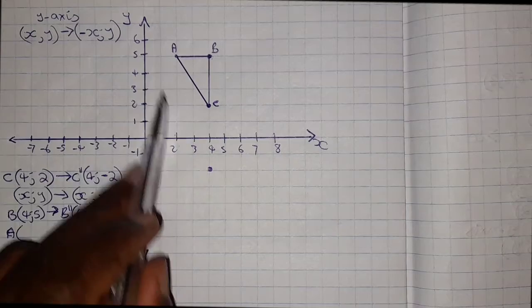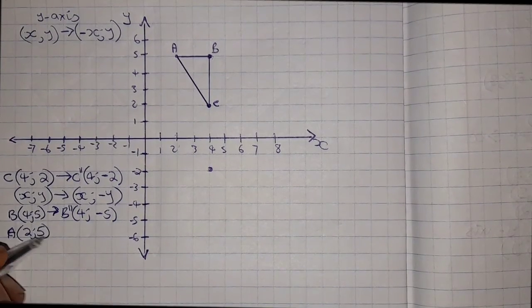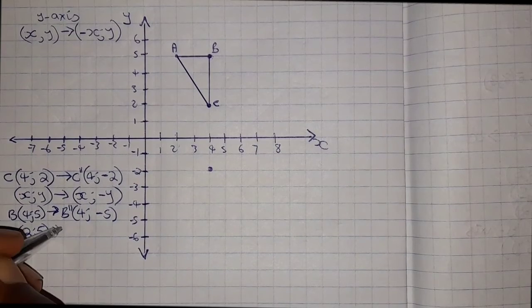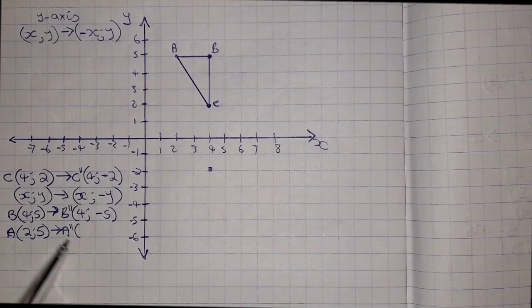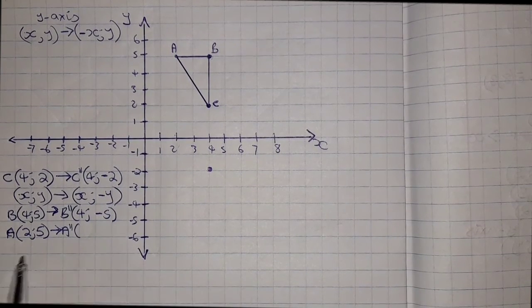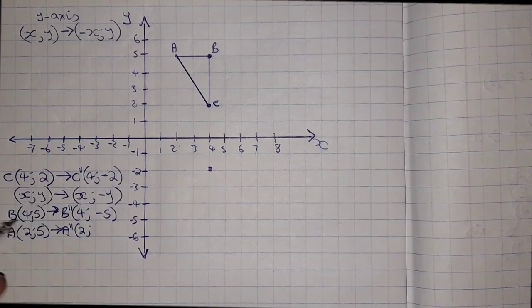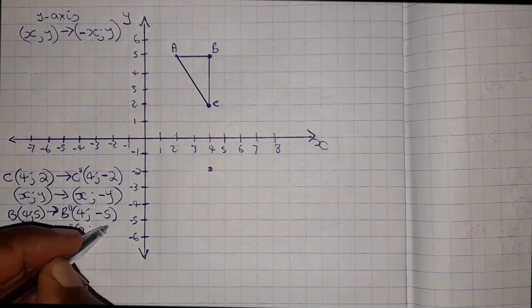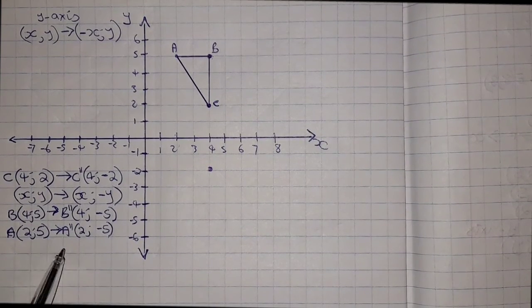And then A has coordinates (2, 5), mapped onto the second image of A with coordinates. Remember, the y is the one which changes sign, so (2, 5) is (2, -5). Now let's plot the points.